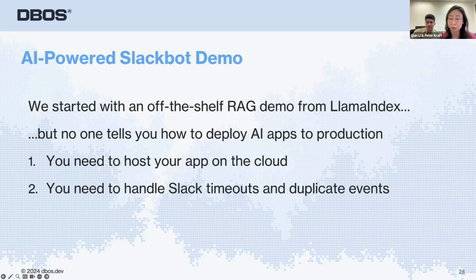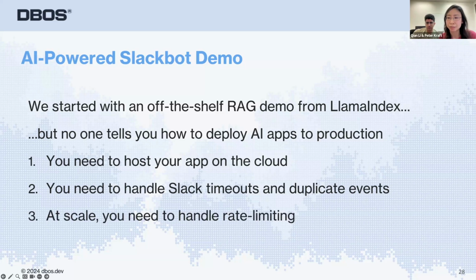And if you don't respond, then Slack will assume your app failed. It will send the same event again. So now you get duplicated events. You also have to handle that correctly as well. So it's kind of tricky if your Slack bot has higher traffic, or if you're using some models that could be slow.